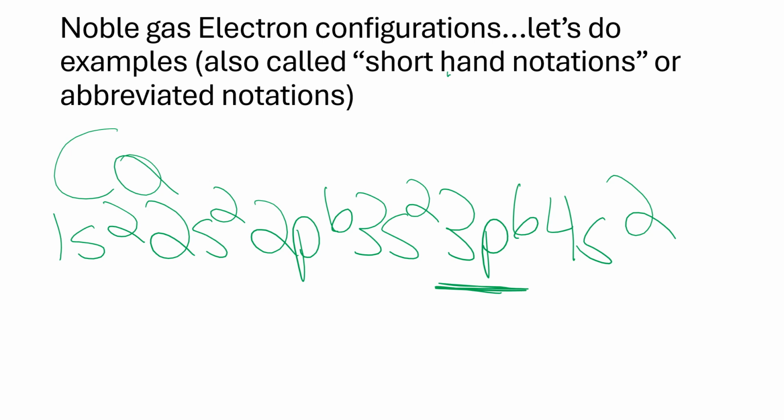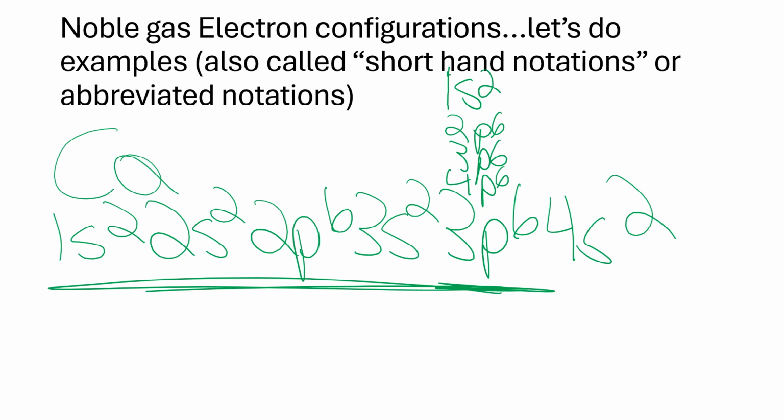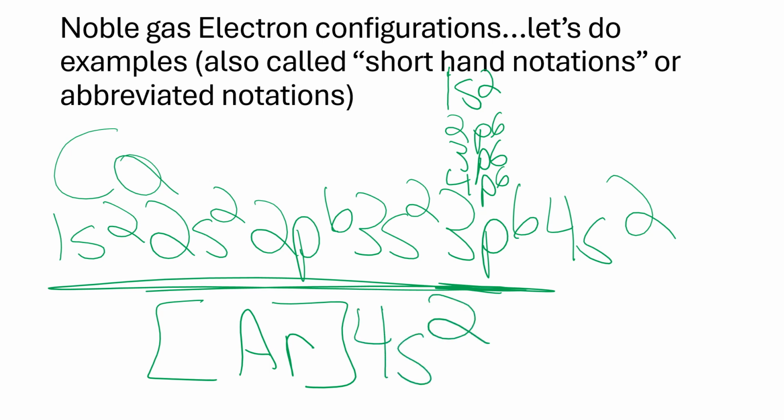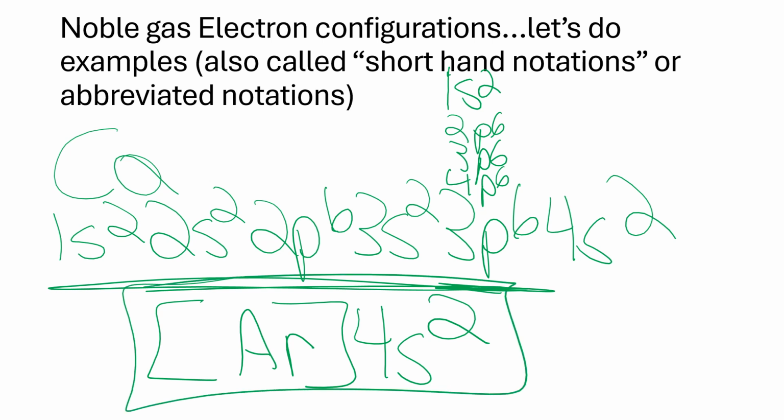Keep in mind helium is 1s2, and then all the rest are 2p6, 3p6, 4p6. Wherever the last noble gas is, 3p6, which is argon, so we write argon in brackets, and we just have to write 4s2. And so this is the abbreviated notation for calcium.